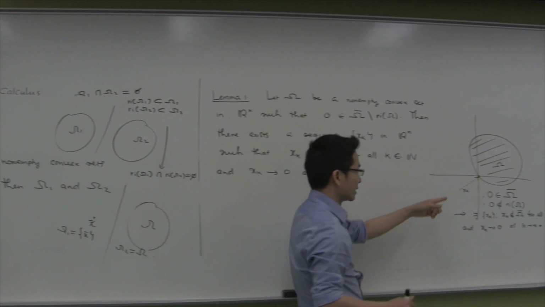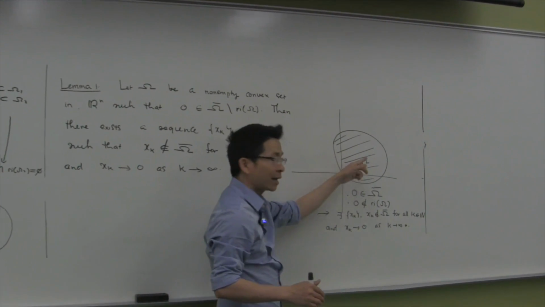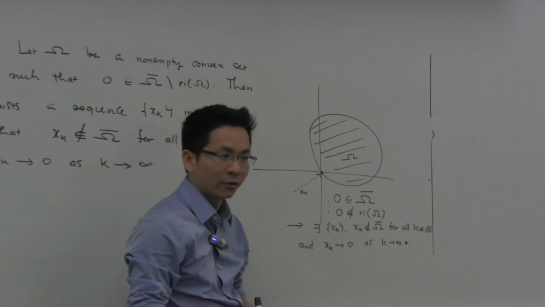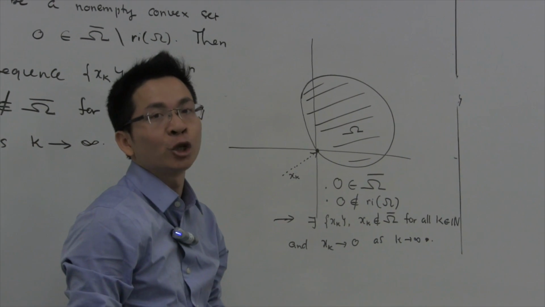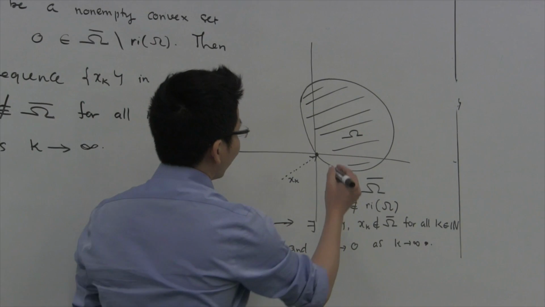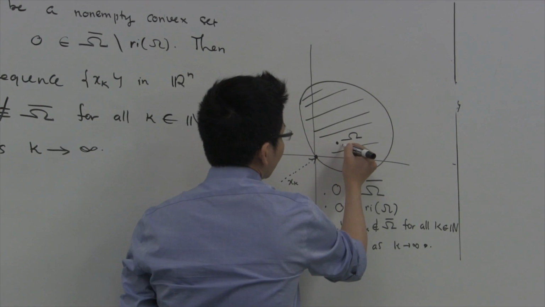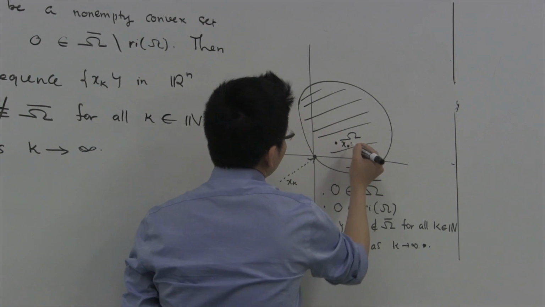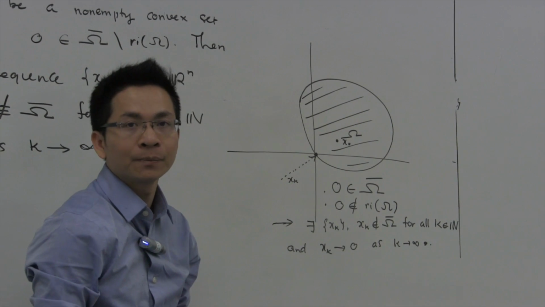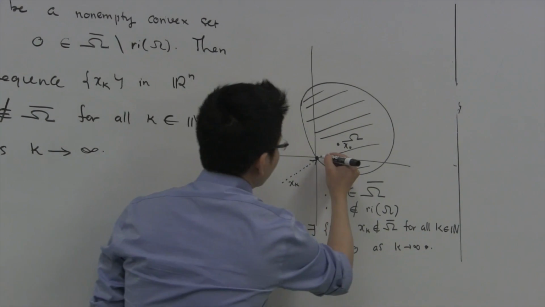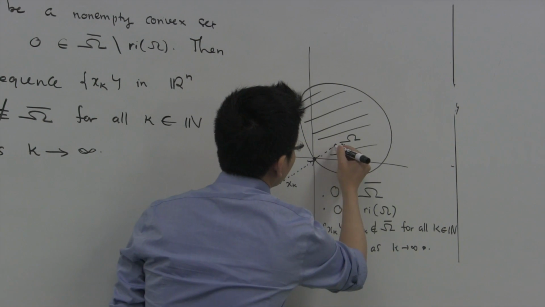Because omega is a non-empty convex set, its relative interior is non-empty. So we can find a point x0 that is in the relative interior of omega, and here is the point x0.